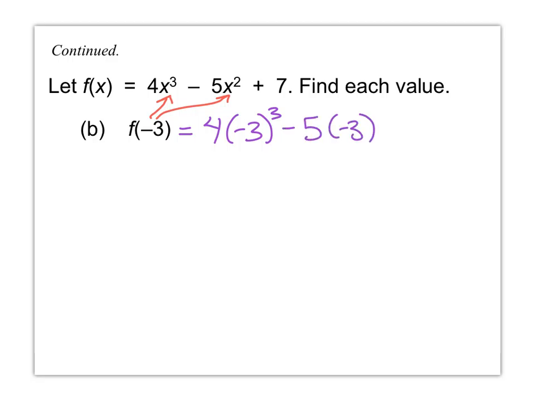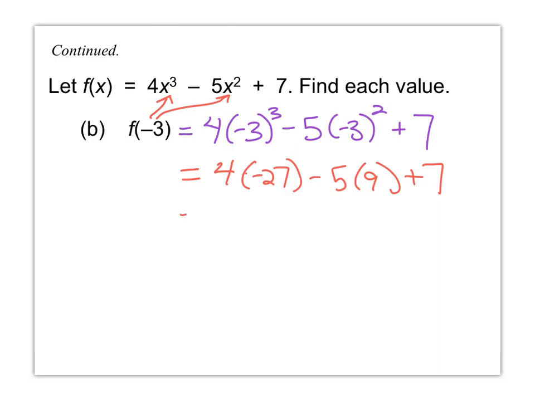So 4 times -3 to the third power minus 5 times -3 to the second power plus 7. Now we can use the order of operations, making sure that we do the exponents before multiplication. -3 to the third power is -27. -3 to the second power is +9.